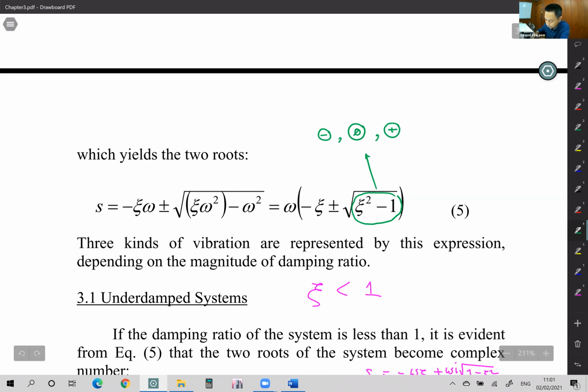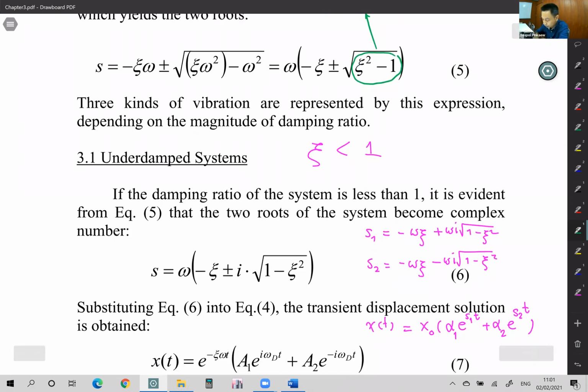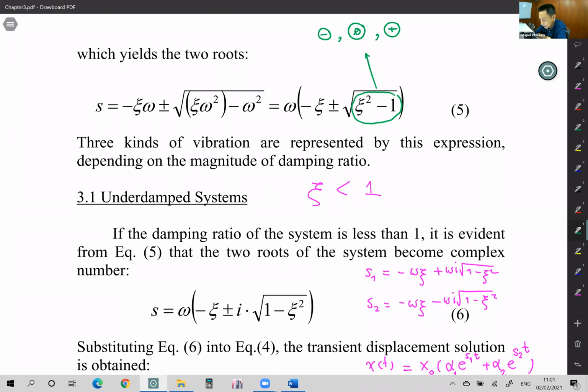When psi is less than 1, psi squared minus 1 will be a negative number. In this case, for a system having damping, we have the name damping ratio. Psi is the damping ratio.